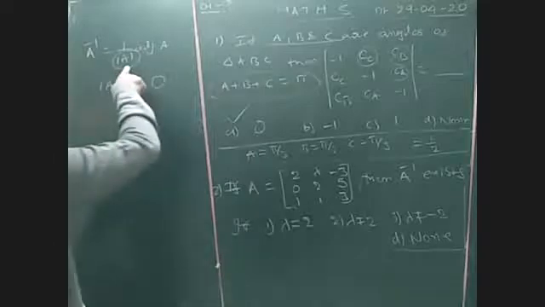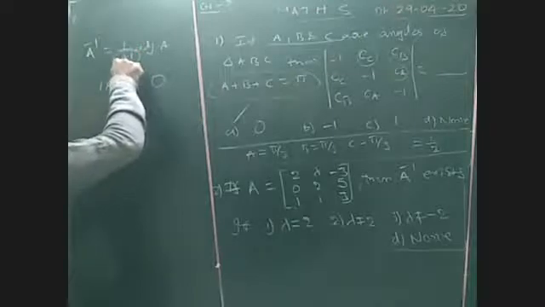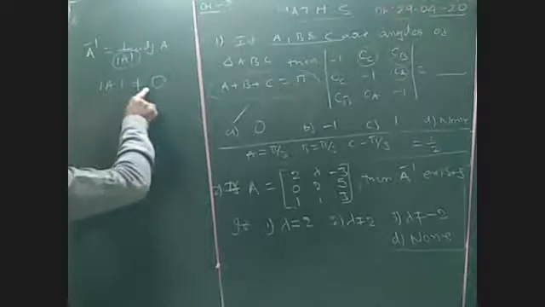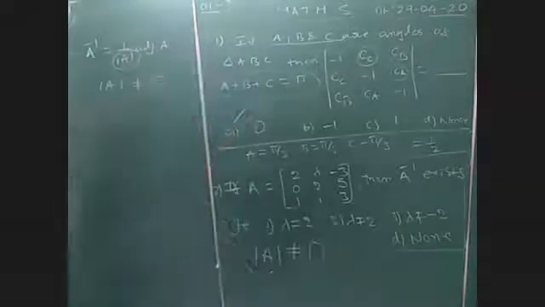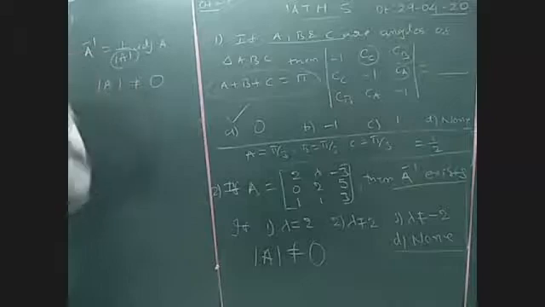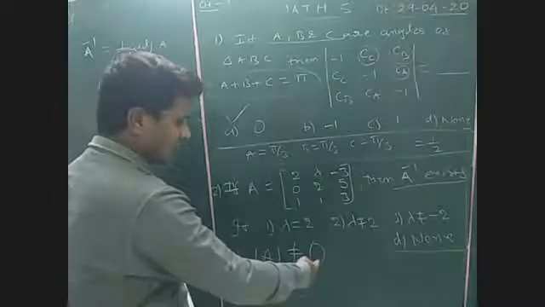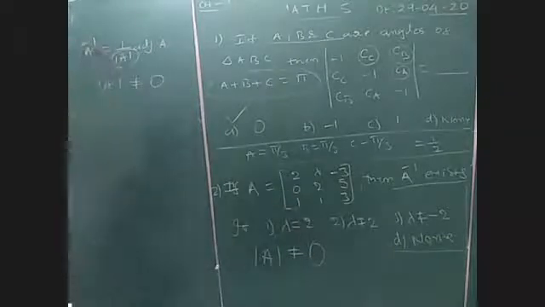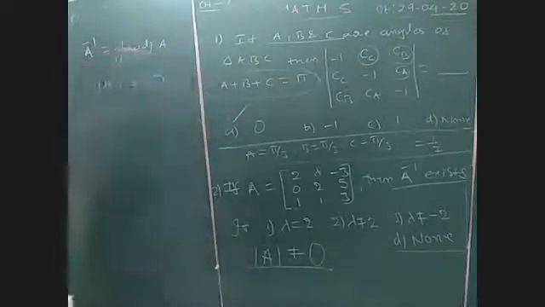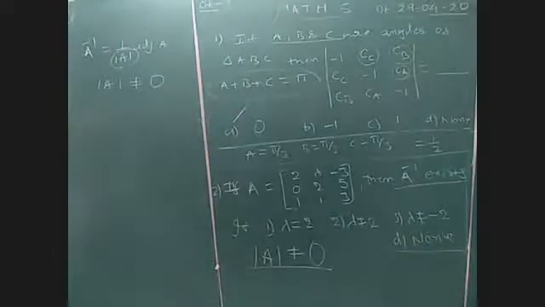If the determinant is equal to 0, A inverse does not exist because 1 by 0 is undefined, infinite. So whenever the determinant is non-zero, A inverse exists. Just find the determinant and take it not equal to 0, because they clearly gave that A inverse exists. Find the determinant and not equating it to 0, you get the lambda value. Just tell me what lambda is from this.